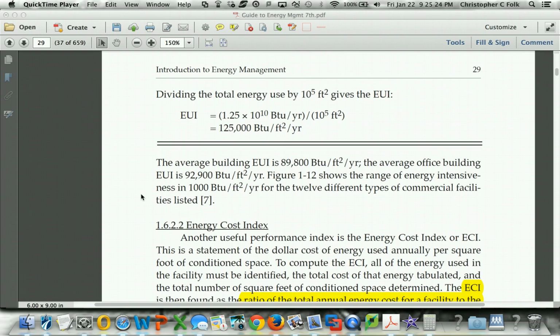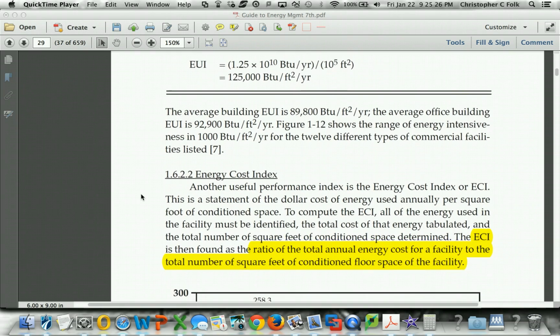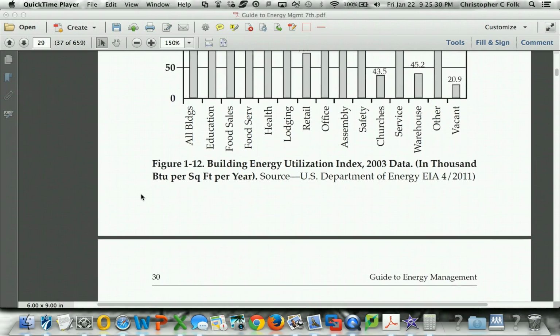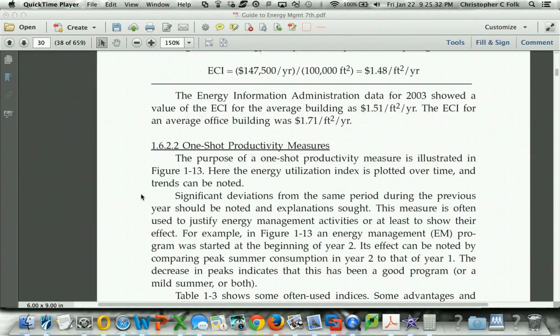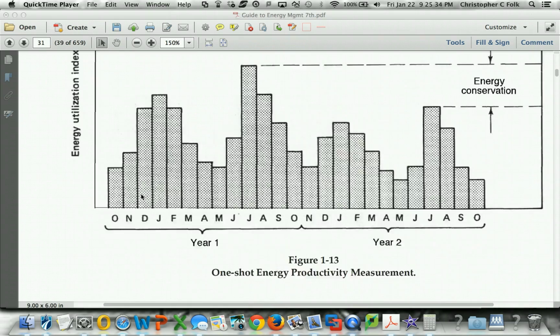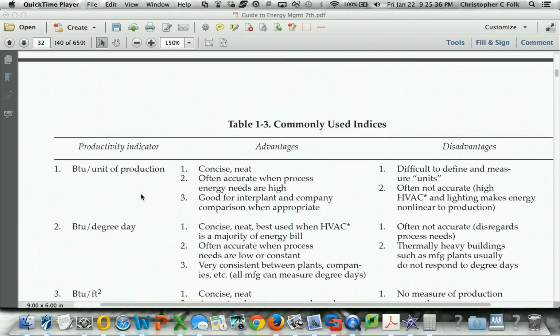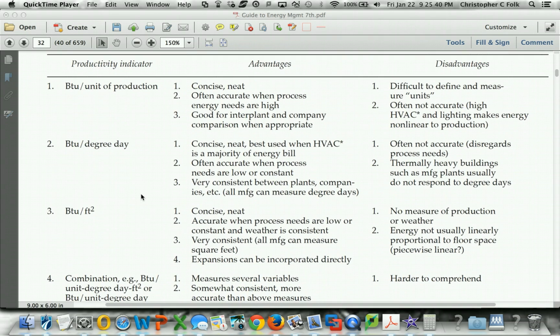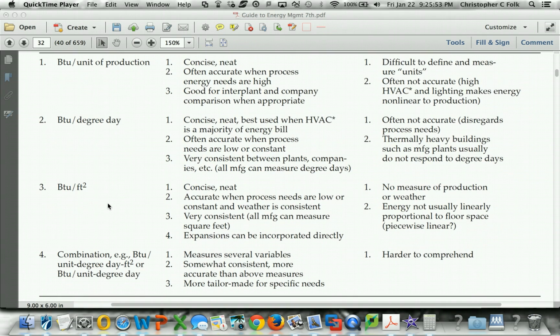There are other indexes that we could use, and they're shown here in Tables 1-3 and 1-4. Here on 1-3, one thing we could do is talk about the amount of BTUs per unit of production, or the BTUs per degree day, and we're going to talk about degree days more in Chapter 2. We could talk about BTUs per square foot, or a combination of them.